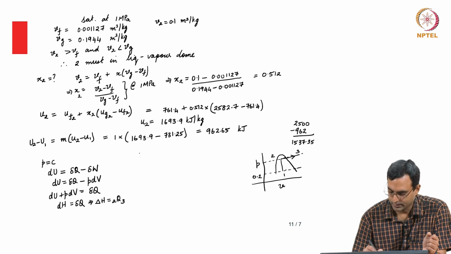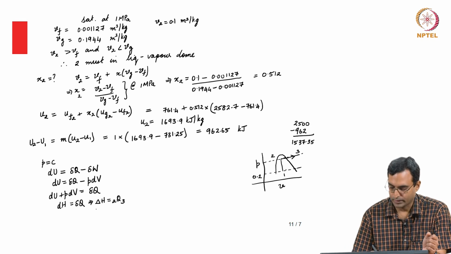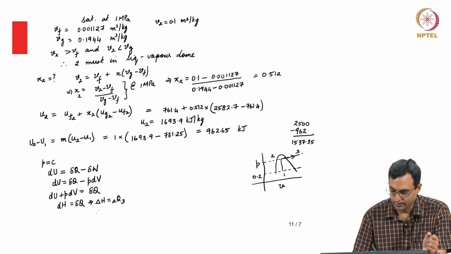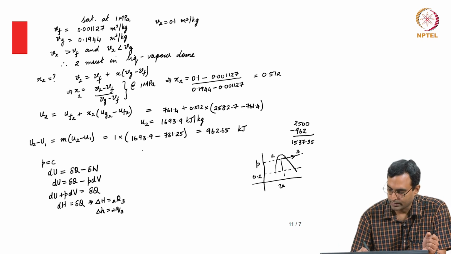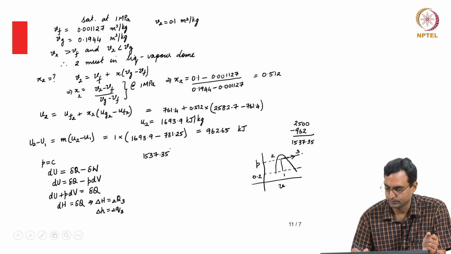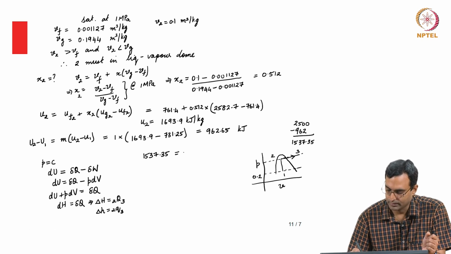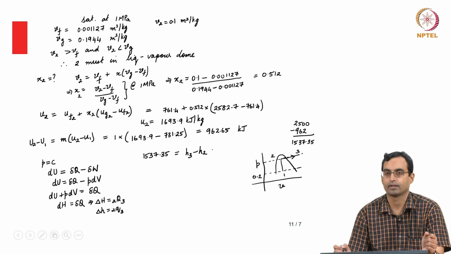So what we have is this, the mass is 1 kg. So, I will take out the mass already. So, I have this. So, what I know is that this 2q3 is 1537.35 kilojoule. I can also divide by m. So, this is kilojoule per kg is equal to H3 minus H2.